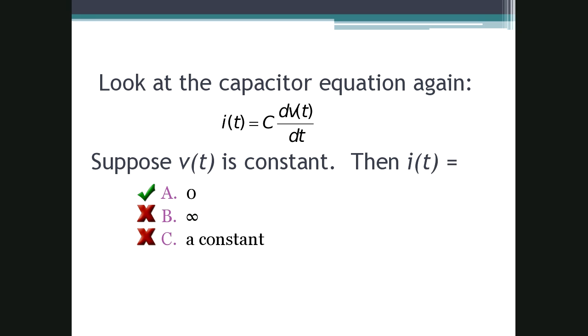Think of it like a slope in a function when you have rise over run. So if a voltage is constant, there is no difference in the numerator, resulting in a 0 value in the numerator. So mathematically, we prove here that the current is also 0. So the question reads, suppose v(t) is constant, then i(t) must be 0.